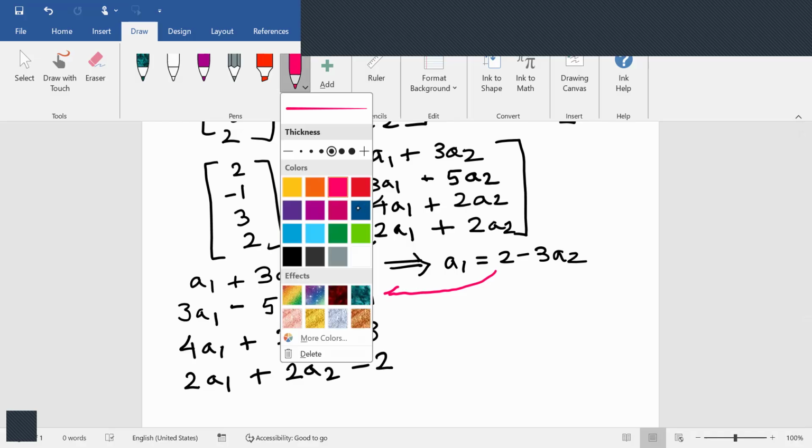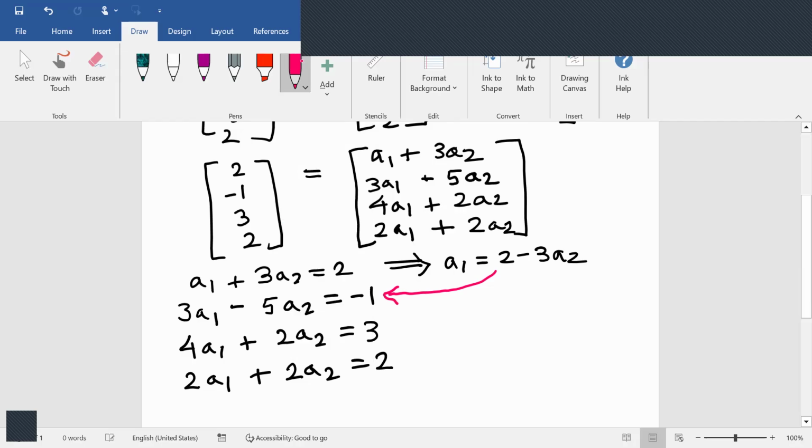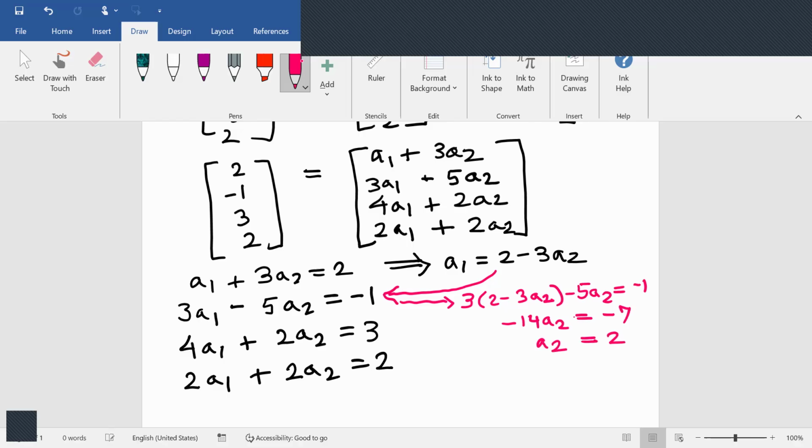So after substituting over here, I'll get 3 times (2 minus 3a2) minus 5a2 is equal to minus 1. If I expand this, I'll get minus 14a2 is equal to minus 7, and that gives me a2 is equal to 1/2. Now I can substitute this value in any of the above equations and easily find the value of a1.